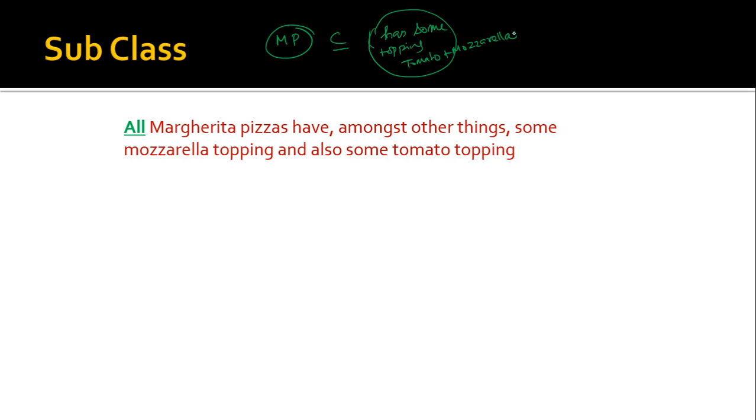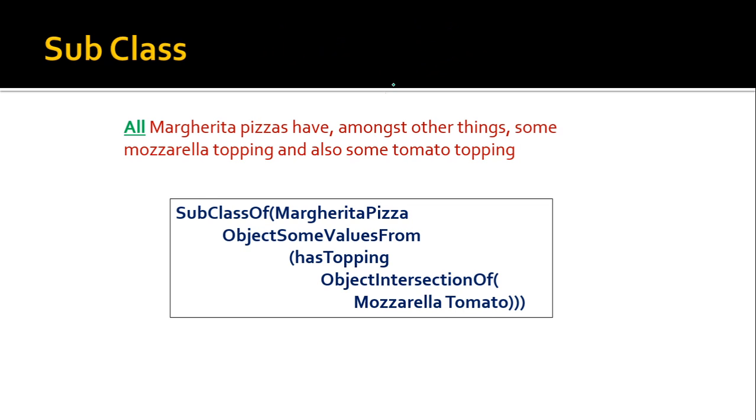The corresponding functional style syntax representation would be SubClassOf margarita pizza, ObjectSomeValuesFrom hasTopping, and you are taking the intersection of mozzarella and tomato. So you are pushing this intersection inward, right?